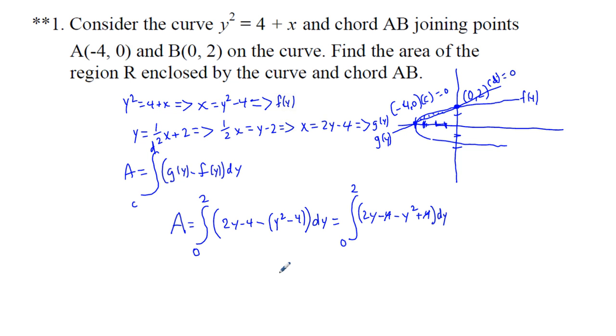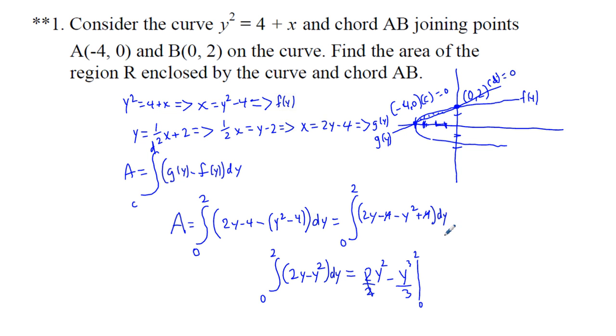So working below here, we have the integral from 0 to 2 of 2y minus y squared dy. And that's going to be equal to 2y squared over 2 minus y cubed over 3. And 2 over 2 cancel each other, and we go from 0 to 2.